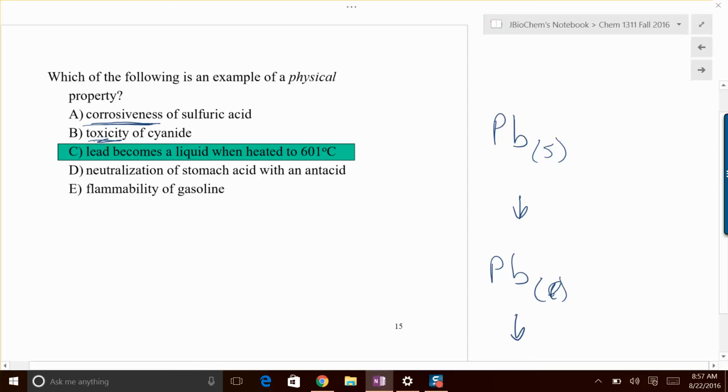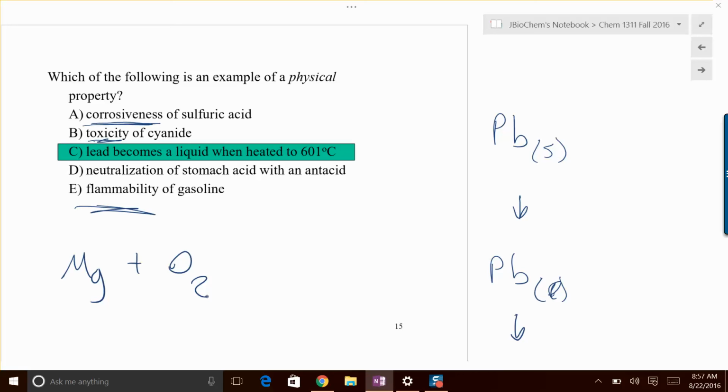Flammability. If something is flammable, that means it's reacting with what in the air? Oxygen. That means it's reacting with oxygen. So if I take magnesium plus O2, oxygen, if you've ever seen magnesium burn, it's a very brilliant light, very bright. You light it, and fireworks use magnesium a lot of times because it's so bright.